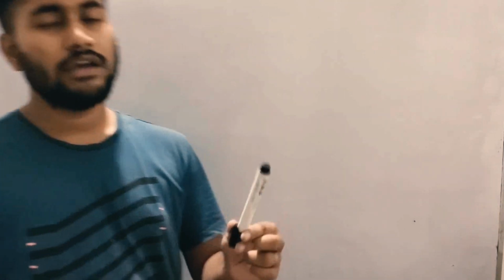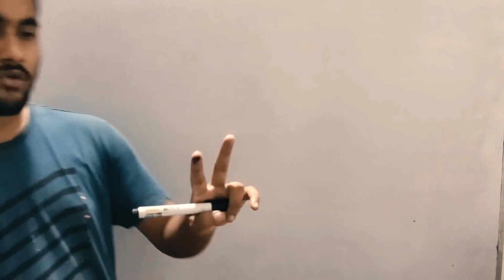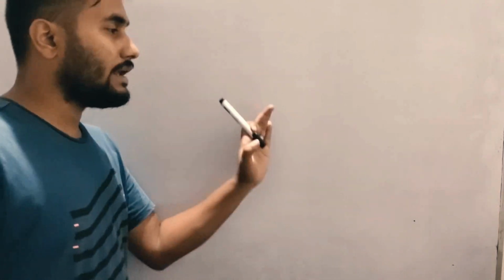So the degree is 4, and if the degree is 4, this equation will consist of how many roots? 4 roots, right? A quadratic equation has two roots, so with degree 4 there will be 4 roots. And roots are the values of x, the values of the variable, which we call roots.